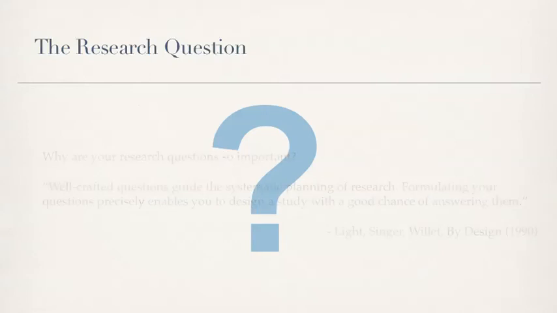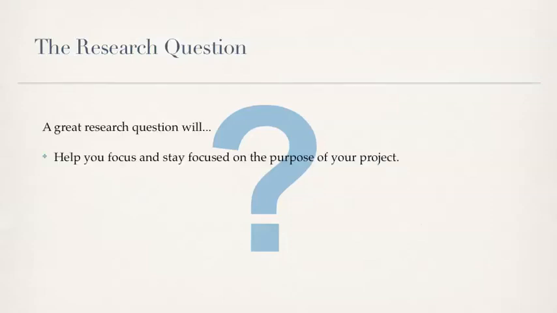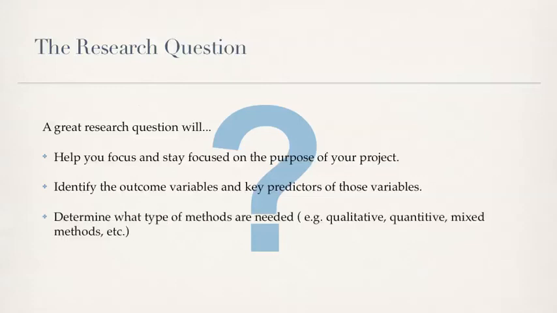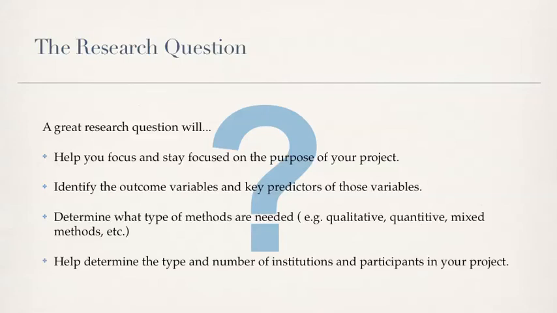In other words, a great research question will help you stay focused on the purpose of your project. It will help you identify outcome variables and key predictors of the variables. It'll help you determine what types of methods are needed, whether they be qualitative, quantitative, or mixed. And it can also even help you determine the type and number of institutions and participants in your project.